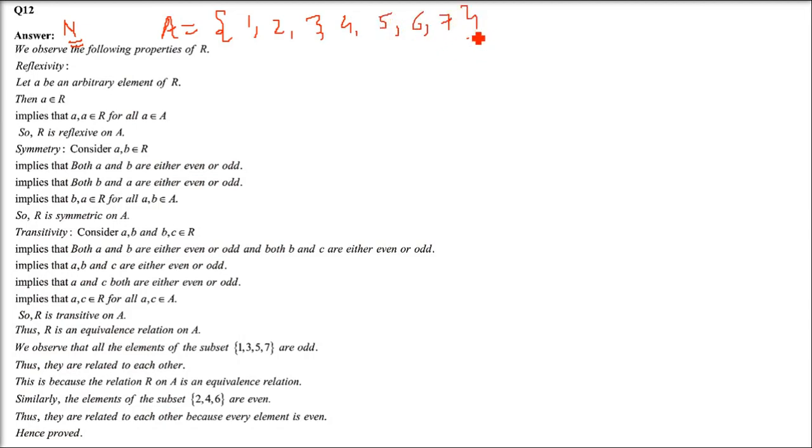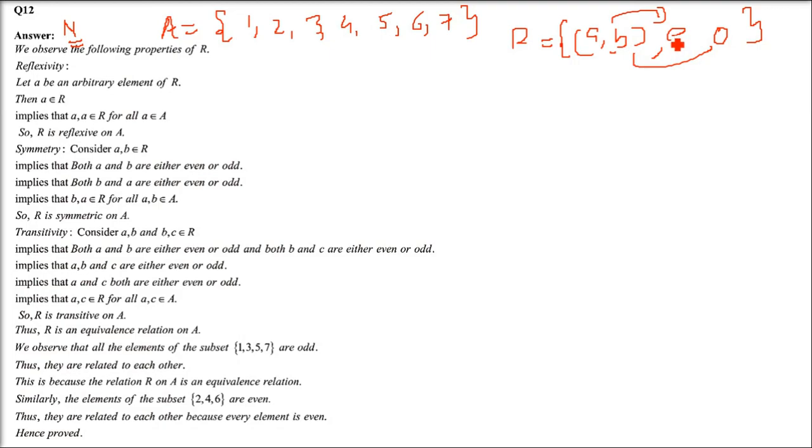So there are 7 elements in the set A, and you will know already that the relation will come out only from this set when this set has a Cartesian product. So this relation will have 2 values which are the ordered pair, and both A and B are either even or odd. This is the condition. This condition we have to always fulfill, or we have to maintain this condition.